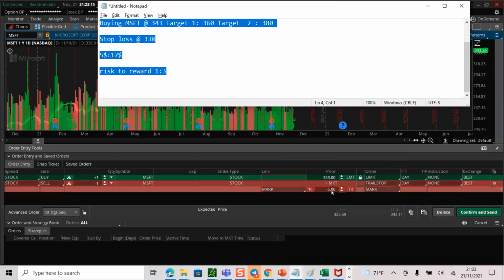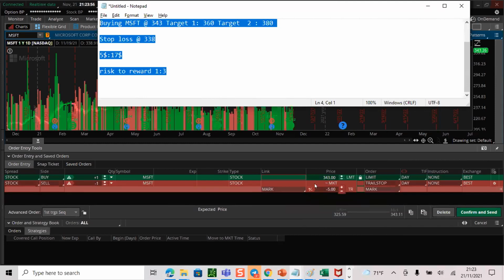And most of the time, if you're busy with work, you can just set this up, confirm and send, and forget it. So your risk is already taken care of. And what if the stock is at 343, it goes to 350, 360, and 370? Automatically your stop loss will keep pushing up, because you are setting the stop trailing.